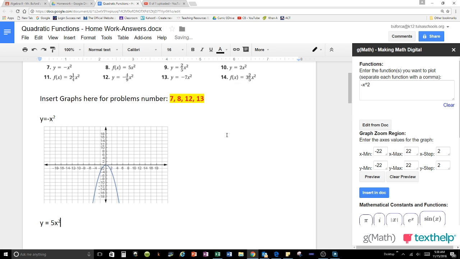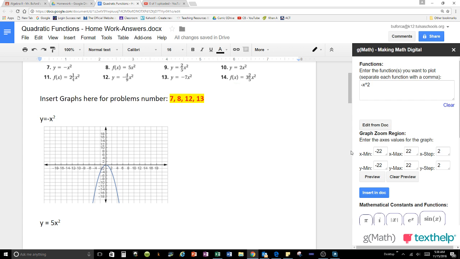Control period to bring that down. So here, x squared, the a value in front of x is positive, so we know that that parabola is going to open upward. That 5, what that does is it compresses, it stretches the parabola out.